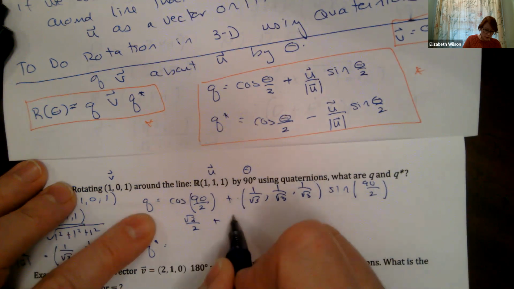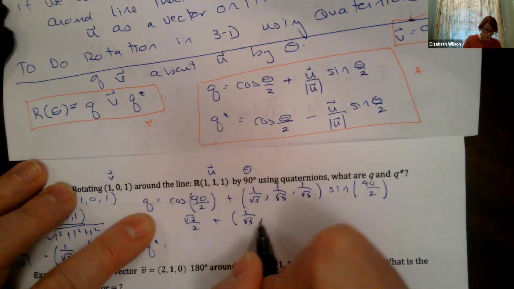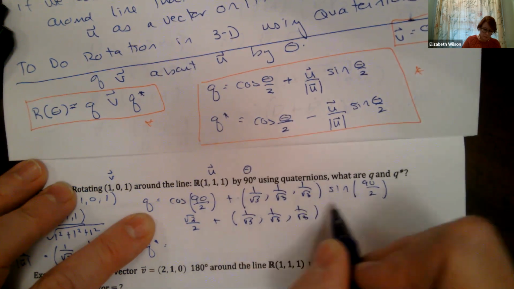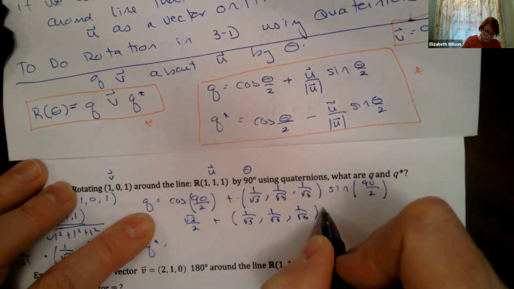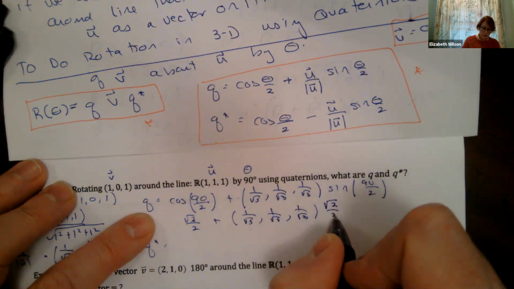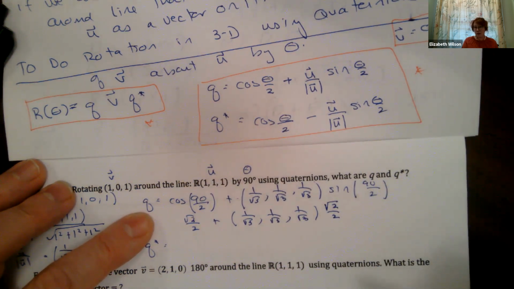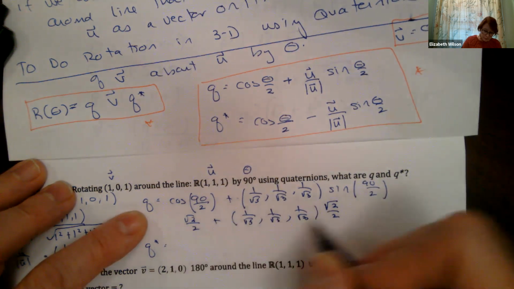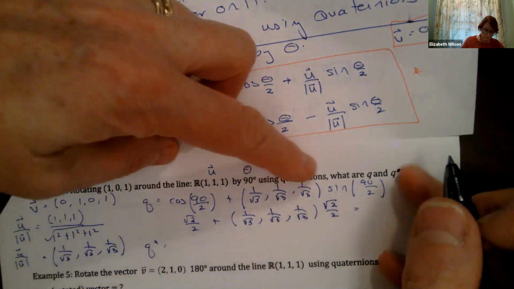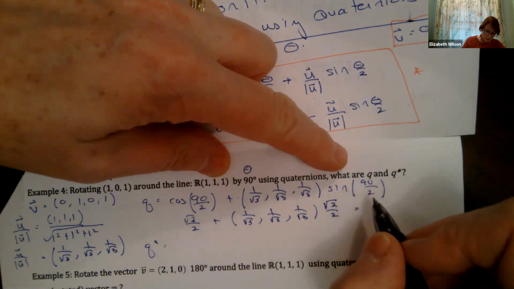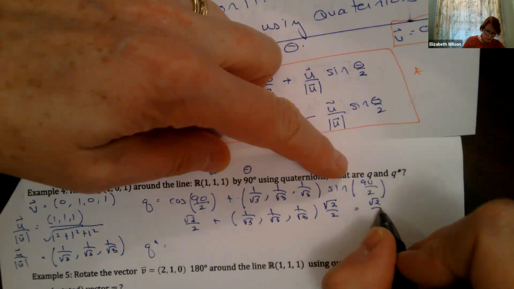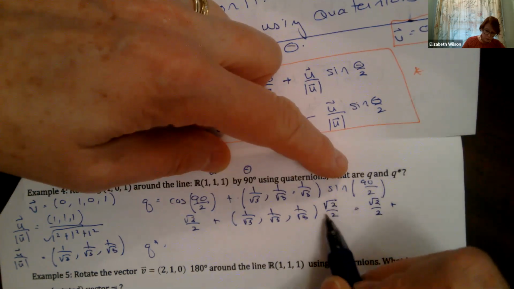Plus, this is 1 over radical 3, 1 over radical 3, 1 over radical 3 times the sine of 45 degrees, which is going to be radical 2 over 2 also. Sine of 45 degrees and cosine of 45 degrees are equal. So this is equal to radical 2 over 2 plus... this is actually equal to 1 over radical 2.